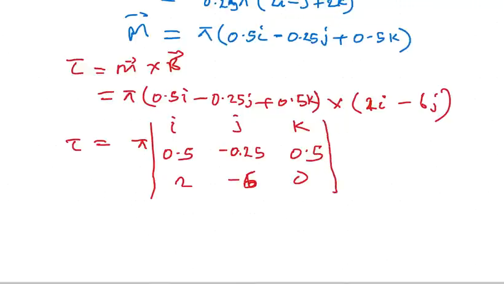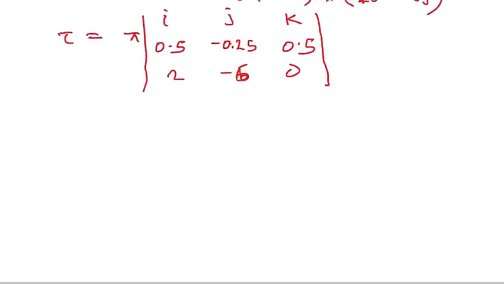Solving the determinant of this will give me this expression. You can go to the previous video we made on matrices and determinants to clearly understand how to solve the matrix.